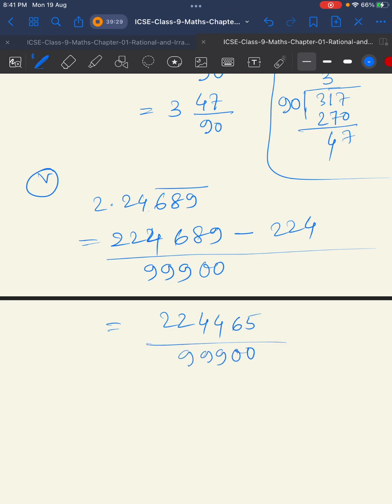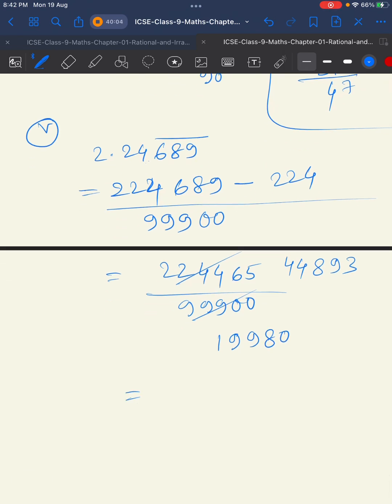22445 by 99900. Then we simplify this term, so 5 4s are 20, 5 8s are 40, 5 9s are 45, 5 3s are 15.